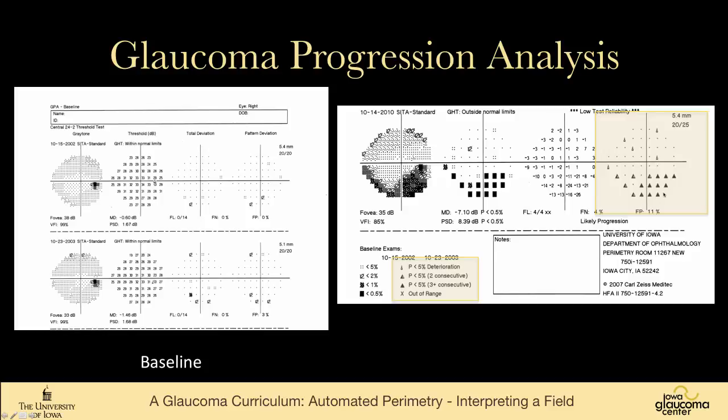So you can see, for example, that this point is a less than 5% chance that it's worse. In other words, it's worse with a less than 5% likelihood that that's a false assumption, and that's been on 3 consecutive visual fields. So this point is worse, and it's been consistently worse over time. And the glaucoma progression analysis will say that this is likely progression in this patient's visual field.